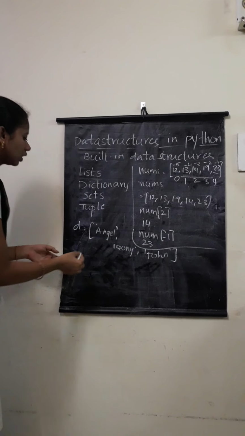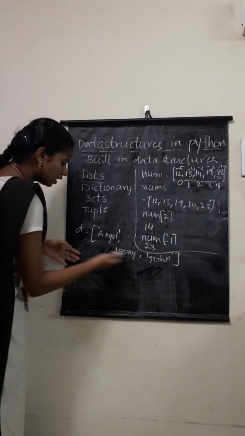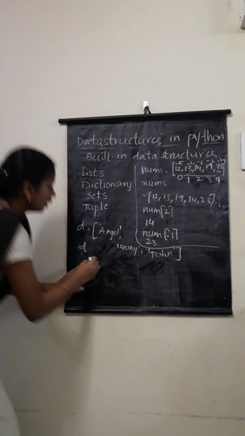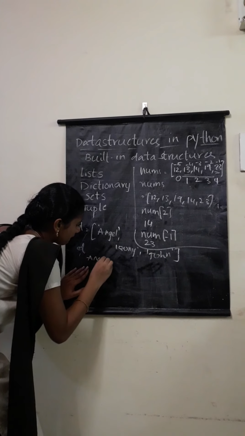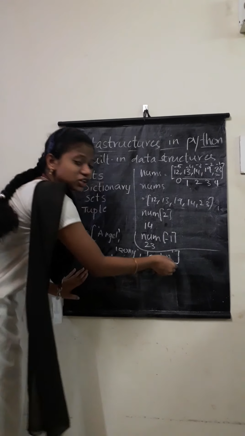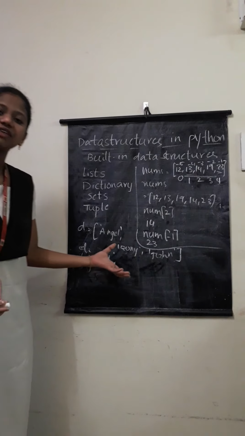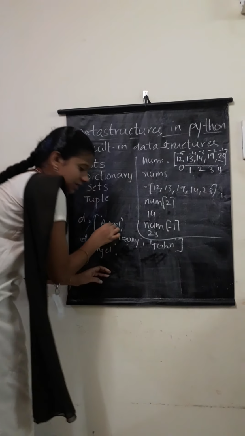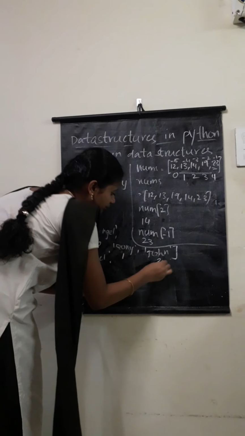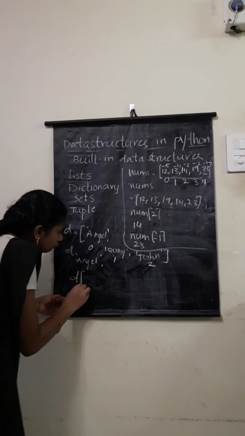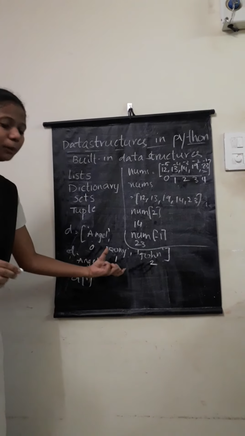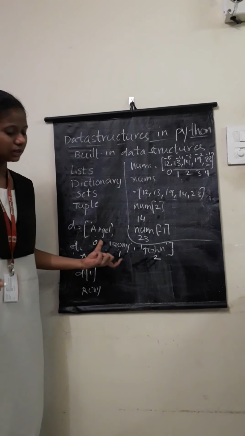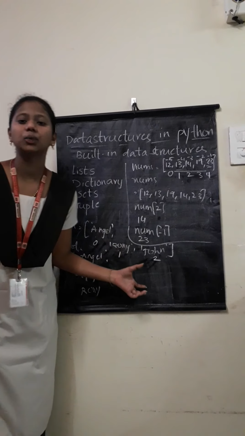If we enter d in the Python shell, it gives the output Angel, Ronnie and John. Here also we can find it using the index method. Angel's index is 0, then 1, 2. Now d of 1 gives the output Ronnie, because at index 1 the string present is Ronnie.